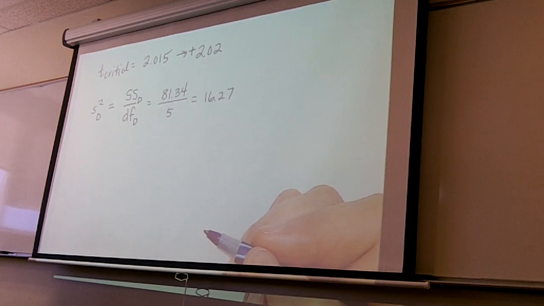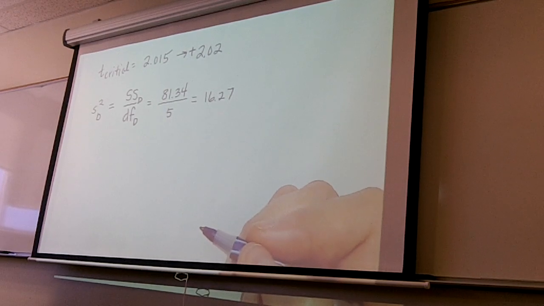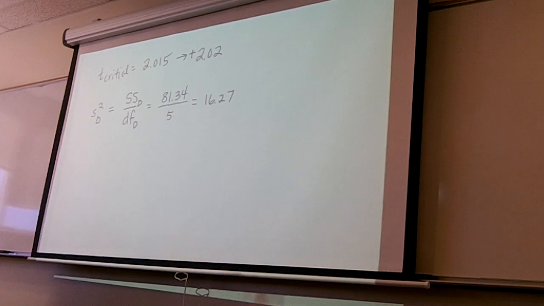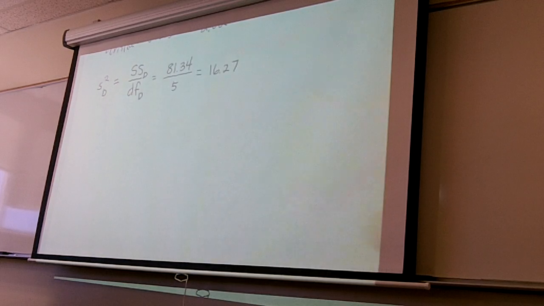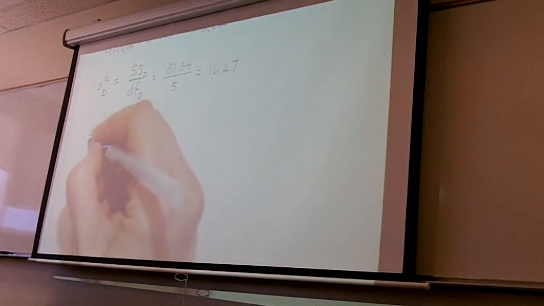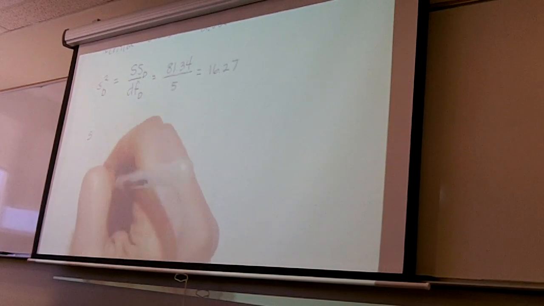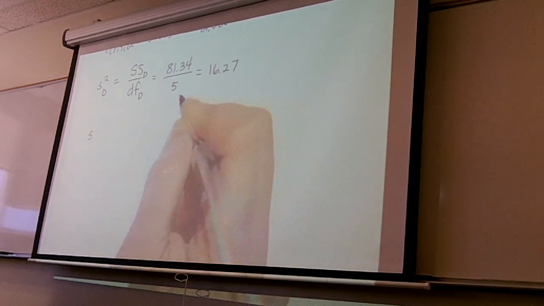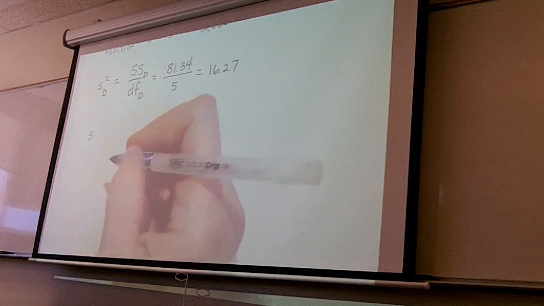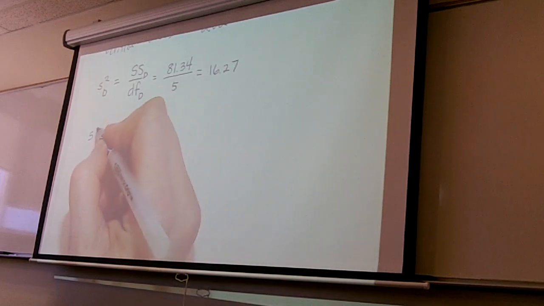Now we have to calculate the estimated standard error. Last time we had this big fancy formula with the square root, and then sample variance over sample size 1, and sample variance over sample size 2, and all this stuff. We only have one sample this time.